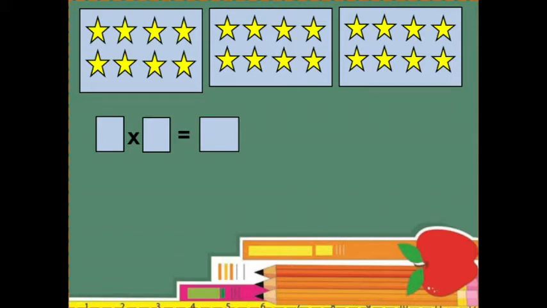So in the first box, all we have to do is count the stars. We have here 1, 2, 3, 4, 5, 6, 7, 8. So we are just going to write number 8 and then the multiplication sign. And after that, all we have to do is count the boxes. We have here 1, 2, 3 boxes. So we are going to write number 3. So we have here now 8 times 3.